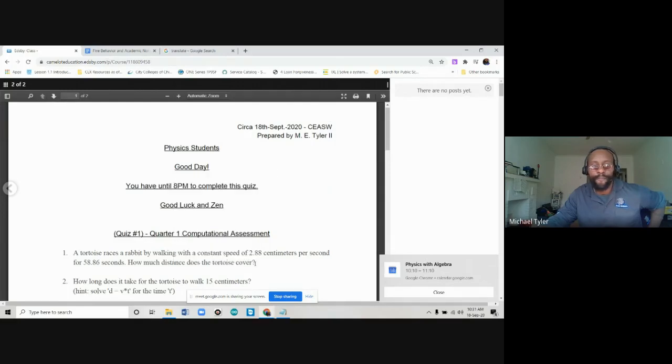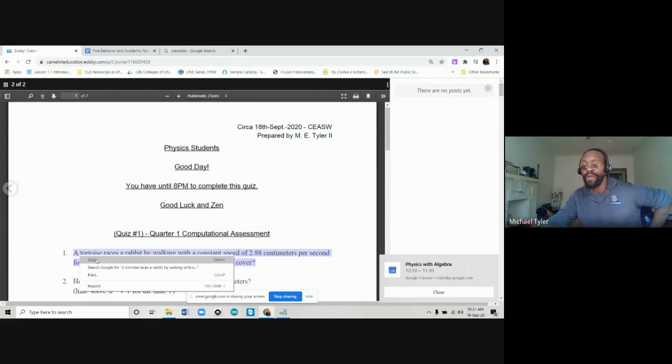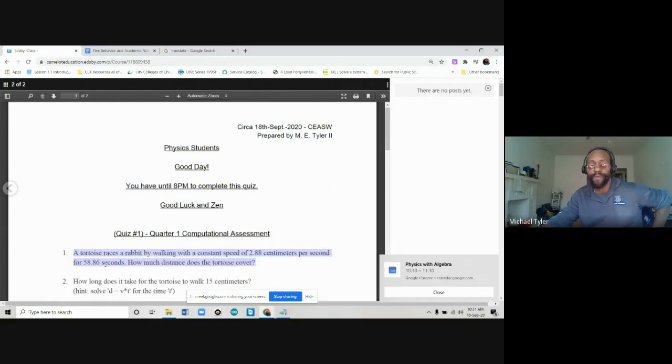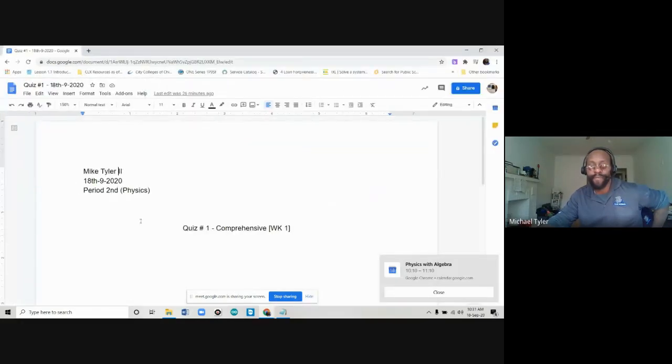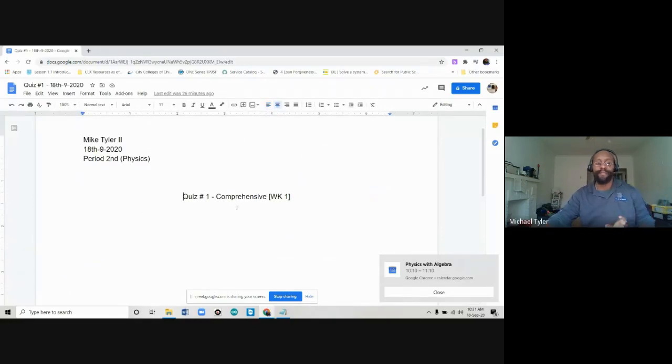Say, for instance, the first question I want to take is number 1. I already set this part up in your Google Doc. So I'm going to right click on that. And if you can't right click because you have a mouse, you hold down Control and press C. So you copy that, and then you come to your Google Doc. This is because I have my screens already resized, everybody.